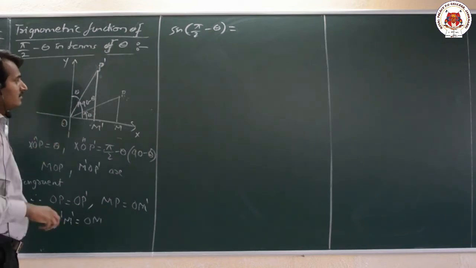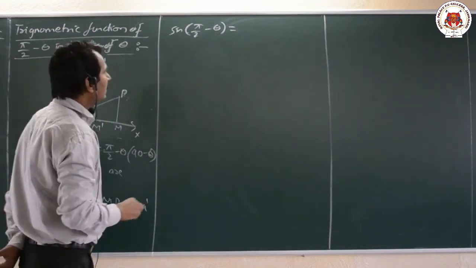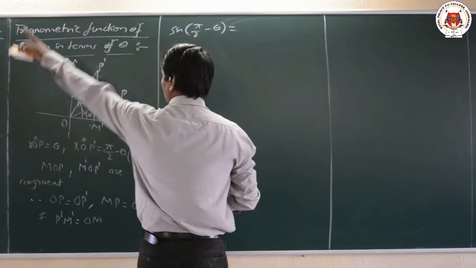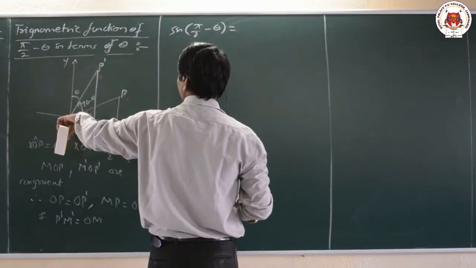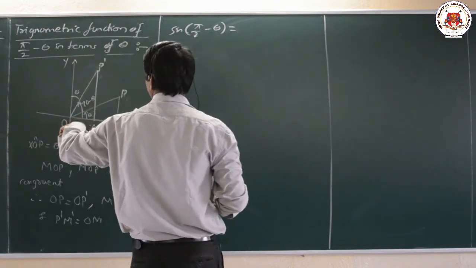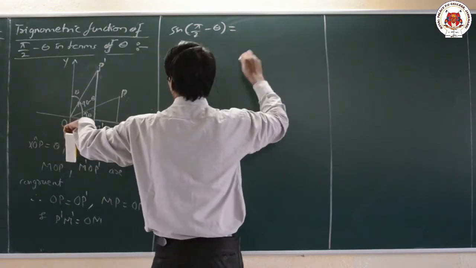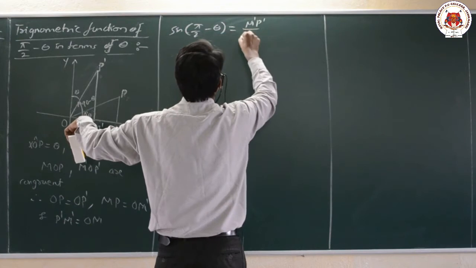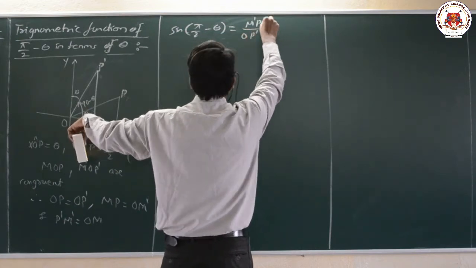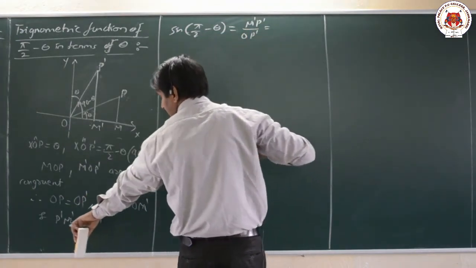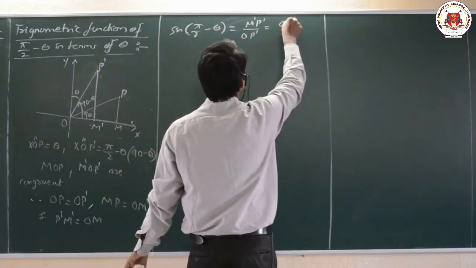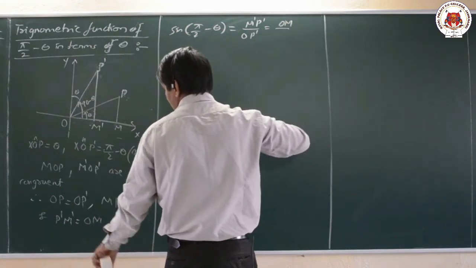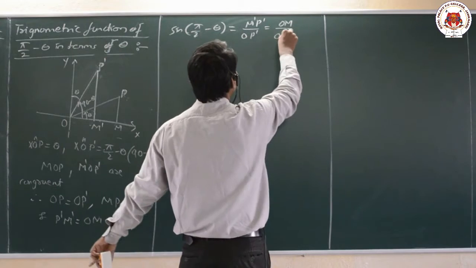According to the ratio formula, sine of pi by 2 minus theta is M dash P dash divided by OP dash. M dash P dash is OM, and OP dash is OP only.